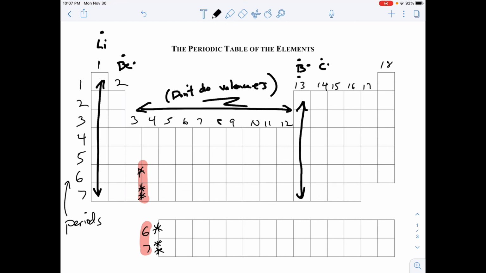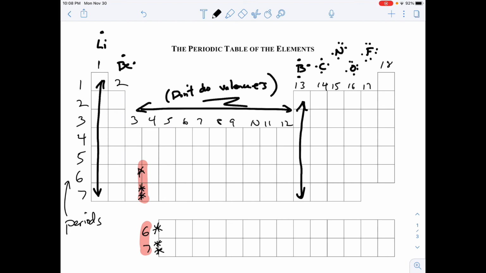And then that means in this column, everybody has 4 valence electrons. And everybody in this column is 2, 3, 4, 5 valence electrons. And that means in this one, 6 valence electrons. And that means in the 17th, 7 valence electrons.